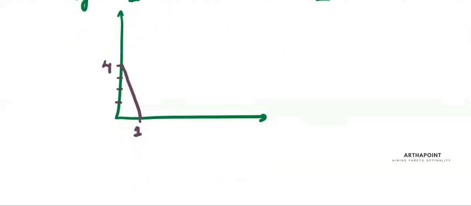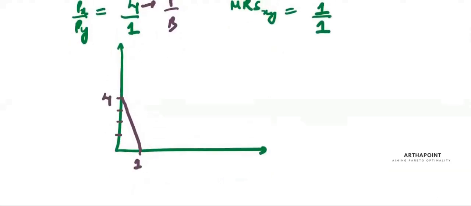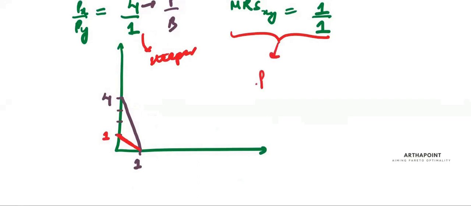And in the other case, MRS XY is 1, so perpendicular is 1 and base is also 1. So you get it like this. So clearly this becomes steeper and this becomes flatter. Whichever line has a lower slope will be flatter. Whichever line has a higher slope will be steeper.